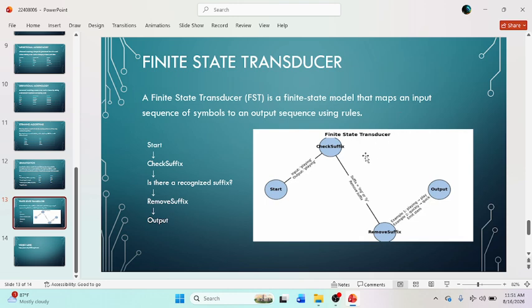In computational morphology, an FST, finite state transducer, can be used to process word forms. It checks whether there is a prefix or suffix, removes it and gives the output. Here is the example, playing. In playing there is a suffix ing. So the finite state transducer detects the suffix ing, removes it, and the output is play.